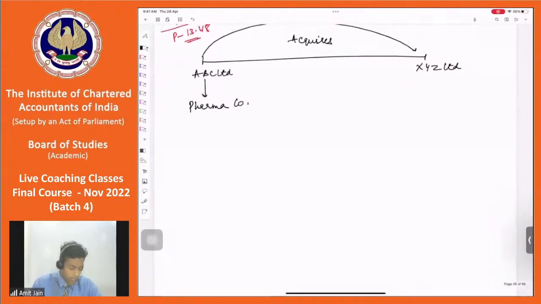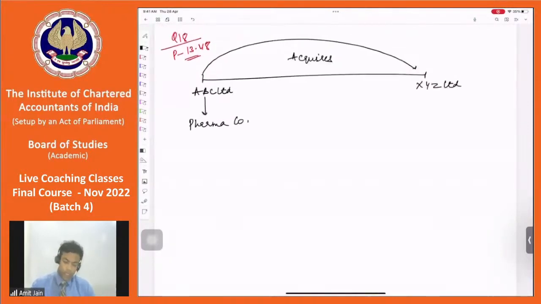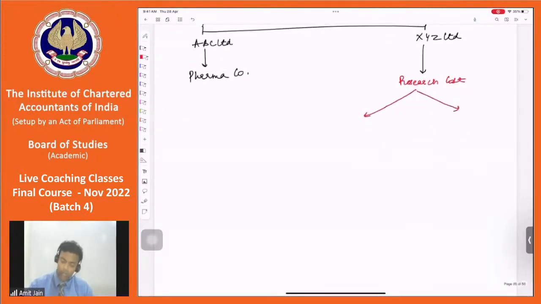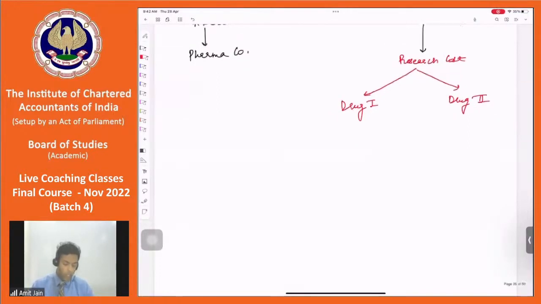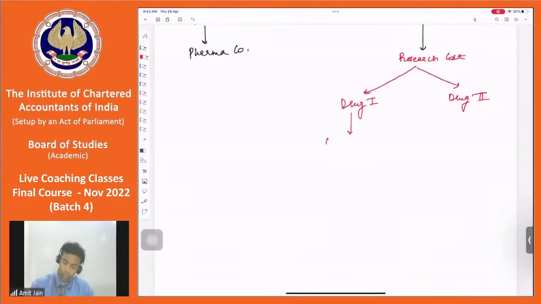Okay, XYZ Limited has incurred a significant research cost in connection with two drugs, drug 1 and drug 2, that have been undergoing clinical trials. Out of the two drugs, one drug has not been granted necessary regulatory approval. So in this case, no regulatory approval.